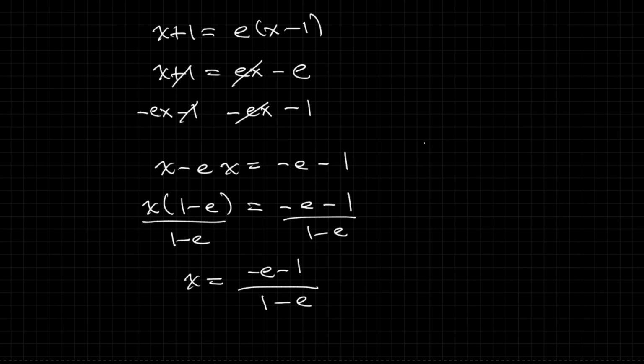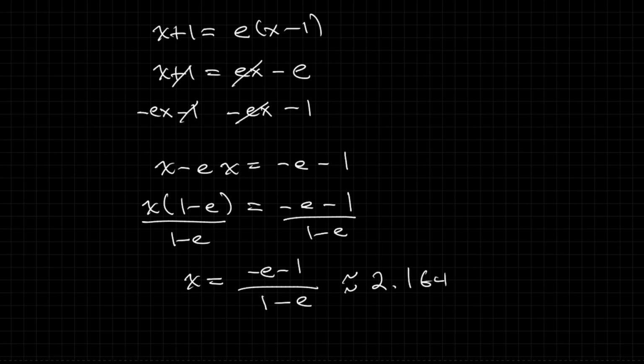And finally, all that's left to do is to check to make sure that this solution does not make us take logarithms of numbers that are less than or equal to 0. So I'll use a scientific calculator to get a decimal approximation for this. This ends up being about 2.164.